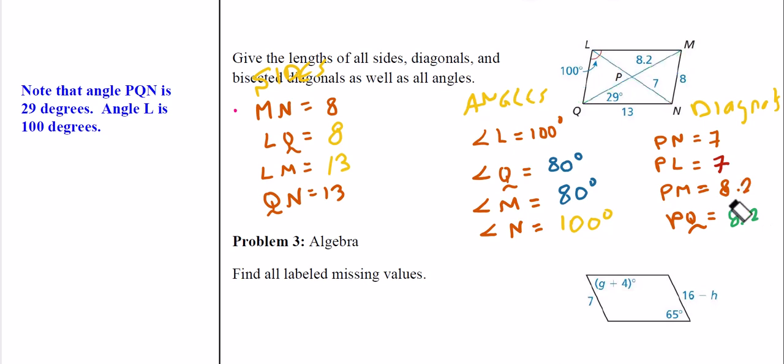Now, furthermore, just for kicks, the entire diagonal LN is actually going to be 14. So if we want to do some extra, LN is 14, right? Based on the segment addition postulate, because LP plus PN is LN, and 7 plus 7 is 14. And furthermore, QM is going to be 8.2 plus 8.2, which is 16.4.